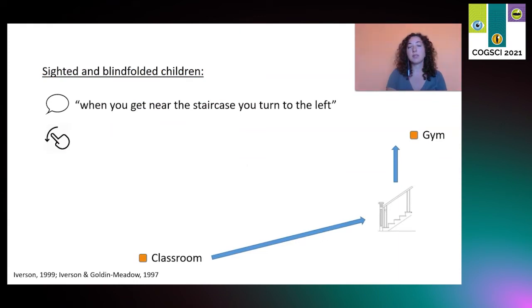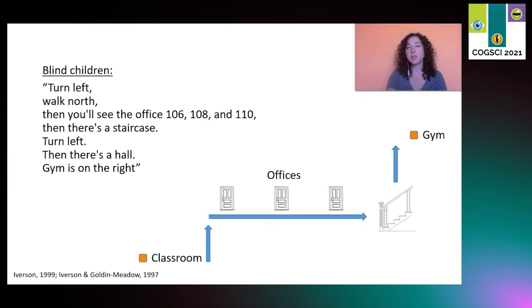They found that sighted and blindfolded children's speech were more global, and they didn't segment path into landmarks. Also, children produced gestures such as showing a left turn together with their speech. On the other hand, blind children's descriptions were more sequential, so they segmented path into landmarks, and they didn't gesture.